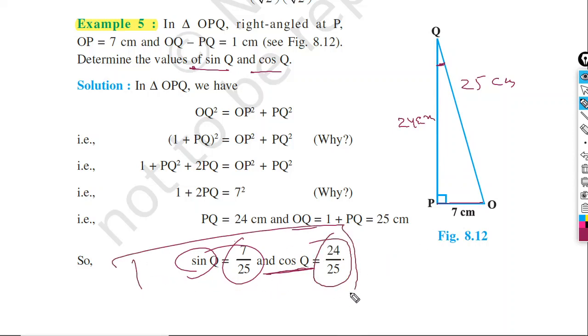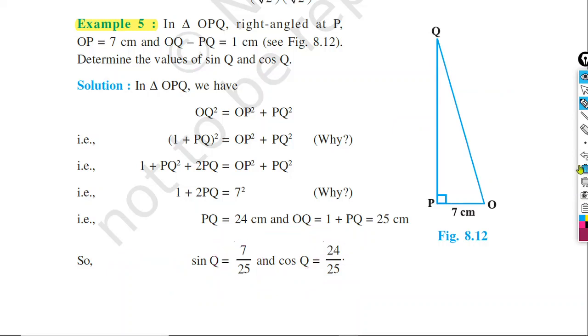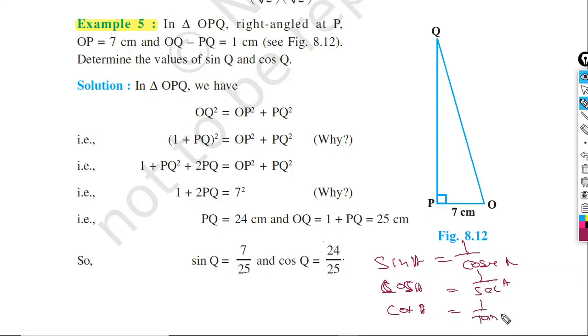So in this way we can find it. Again, please remember the formulas: sin A, cos A, cot A. Sin A equals 1 by cosec A. Cos A equals 1 by sec A, and cot A equals 1 by tan A. And the opposite also.